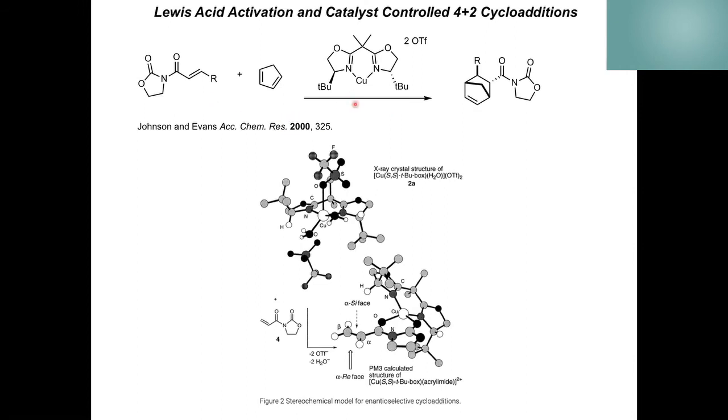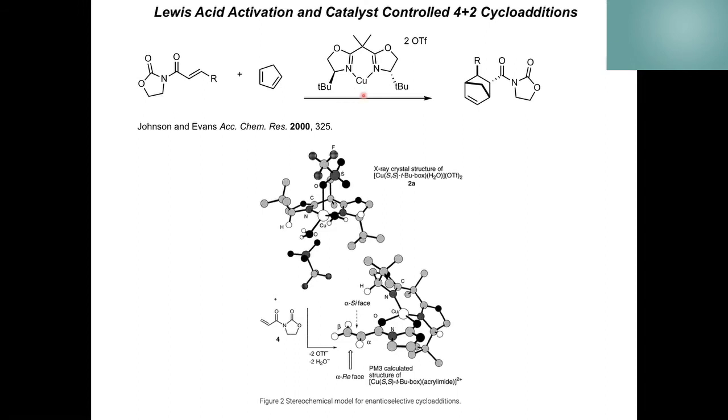And so I'm pulling this figure out of an Accounts of Chemical Research article from 2000, which shows that stereochemical modeling here, but this was actually developed in the early 1990s. And one of the really exciting things about this is it shows that we don't necessarily have to engage transition metals in a way that they need to undergo transitions, where the electrons from the metal need to engage with the ligands, the pi components that end up in those cyclic products.